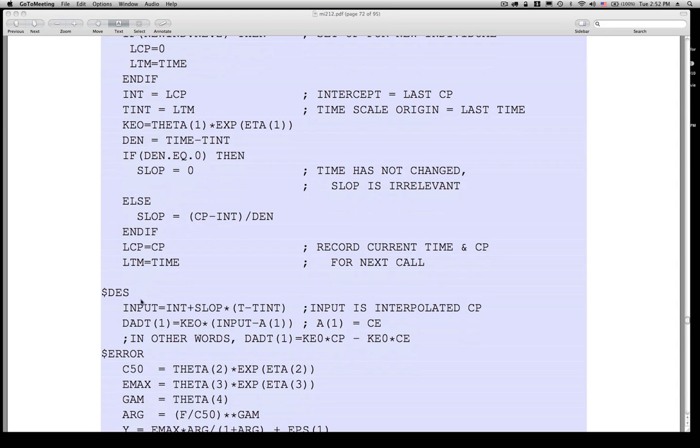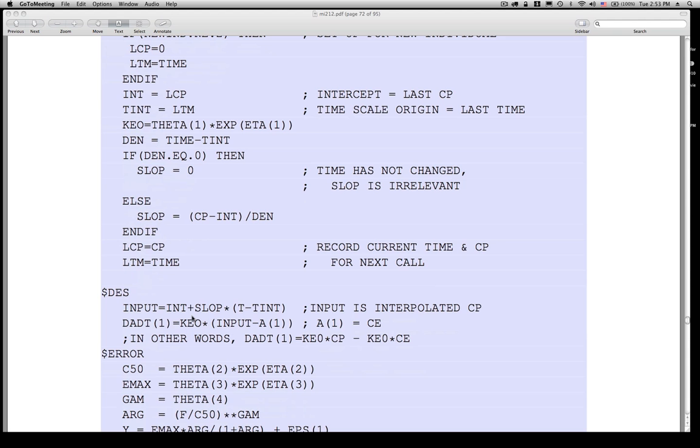Now the effect compartment is kind of neat here in that we're going to define some input function in the differential equation block, and that's going to be the intercept plus the slope times the amount of time that has elapsed in that segment of the linear interpolation. And the way we get at that is, remember, in the PK interpolation, we only have time at each data record. But in a differential equation block, we have T, the integration time, which is essentially a continuous time.